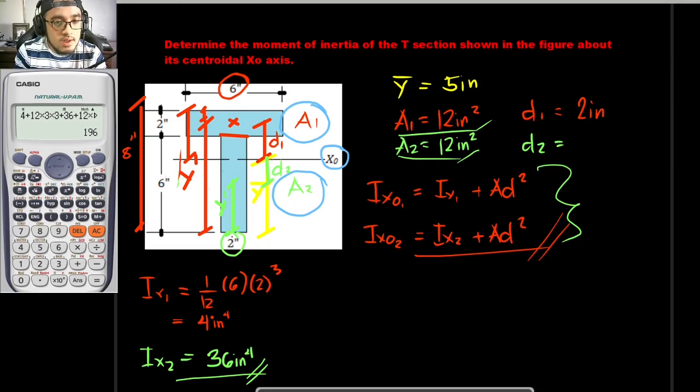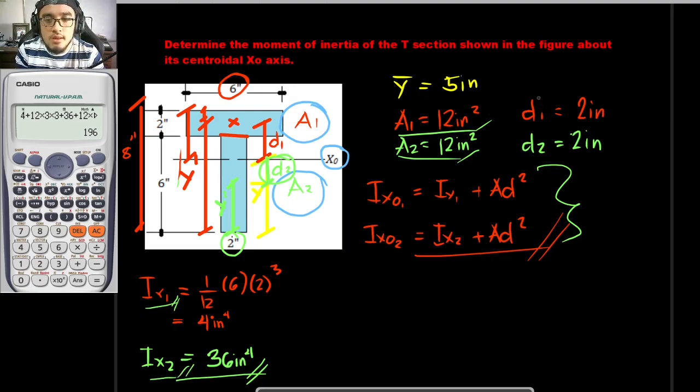So this distance right here is equal to 5 minus 3, or 5 minus 6 over 2. And our answer here is equal to 2 inches as well. So 2 inches.